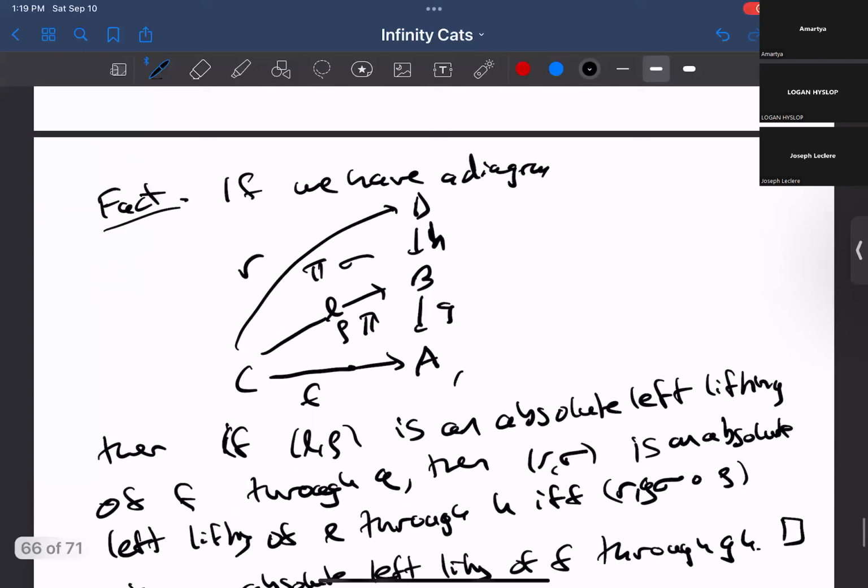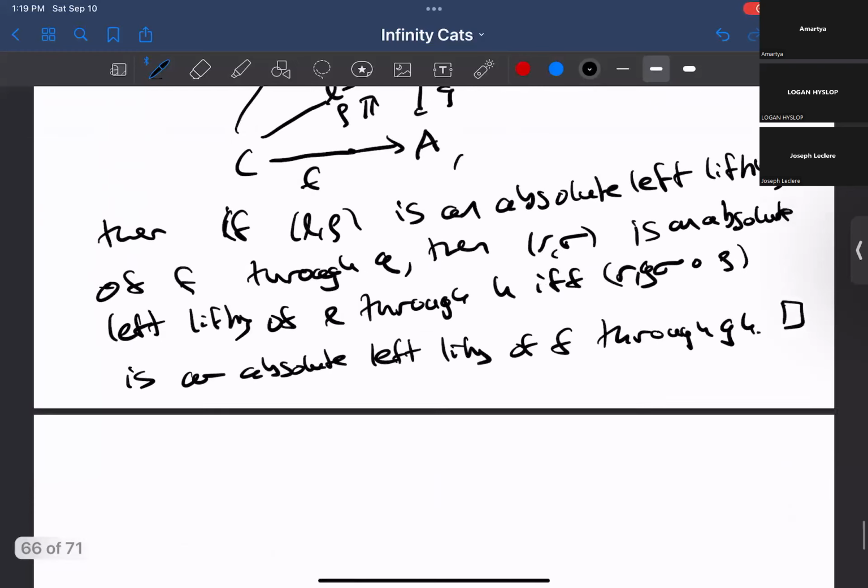This isn't too hard to prove. It's just balancing universal properties.